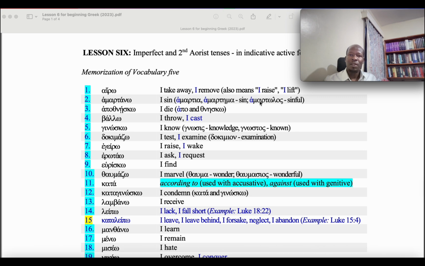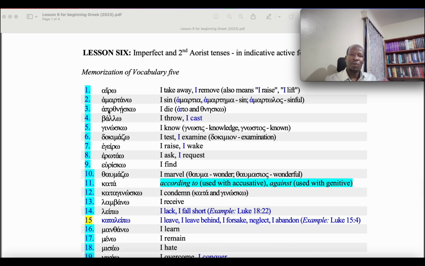Hamartia, hamartema, hamartolos. This is an adjective. Hamartolos, sinful. And then apothnesko, I die. This is a good place to talk about the lengthening. You see, it is apo and thnesko.